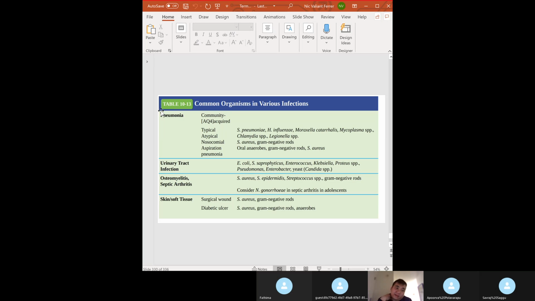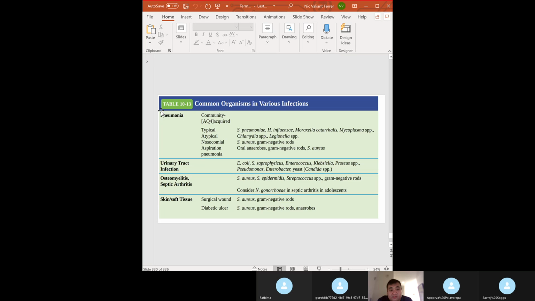This is high yield: the common organisms in various infections. In your exam and for Step 1, you need to know the most common. If it's pneumonia, if it's CAP, typical is S. pneumo, atypical is Chlamydia, nosocomial is S. aureus. For aspiration, always oral anaerobes, Klebsiella, right, Enterobacter. UTI, most common is E. coli. If a sexually active female, it's Staph saprophyticus.